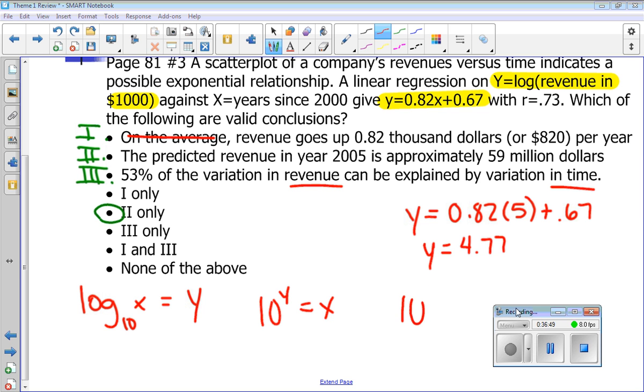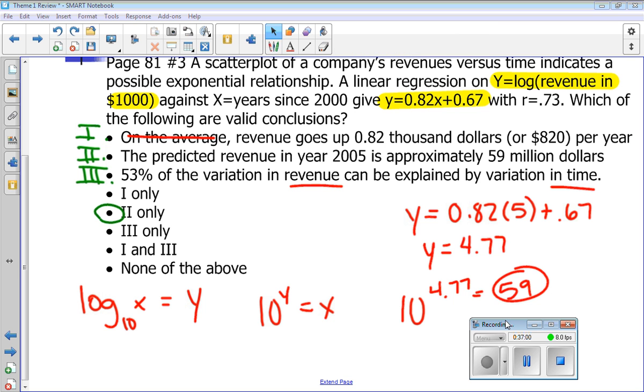So 10 to the 4.77 is in fact $59 million. If you were never taught logs and the relationship between logarithmic equations and exponential equations, then you probably couldn't answer that question. Don't worry about it. It's one question that probably won't happen on the exam.